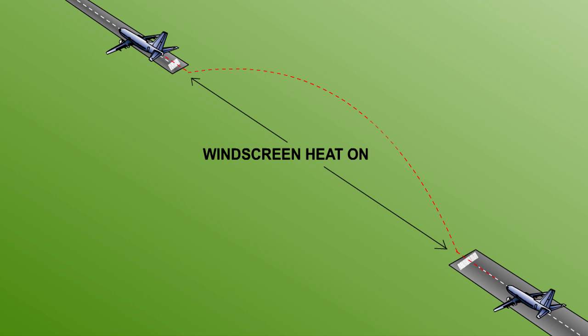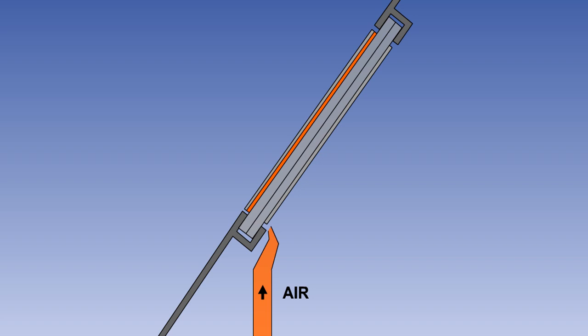Electrical windscreen heating systems are almost always anti-icing systems. Windscreen heat is used from takeoff until landing because the heat increases the flexibility of the screen and hence its resistance to damage from bird strikes. A heated windscreen is of a laminated construction.